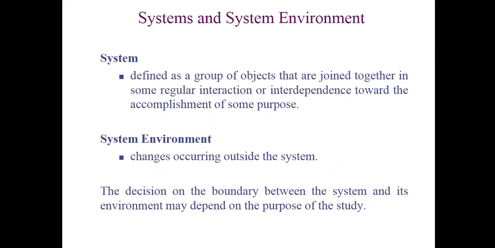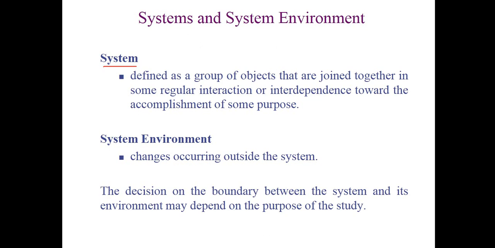So first of all we need to know what is system and what is the system environment. A system is defined as a group of objects that are joined together in some regular interaction or interdependence towards the accomplishment of some purpose. That means whenever we call a specific task a system, there may be different objects in that system.